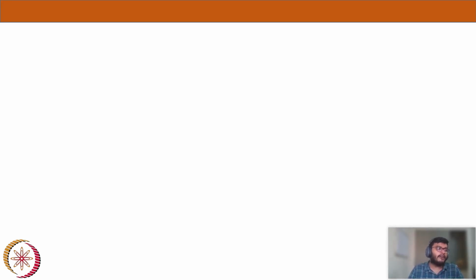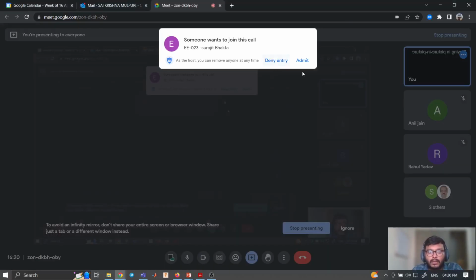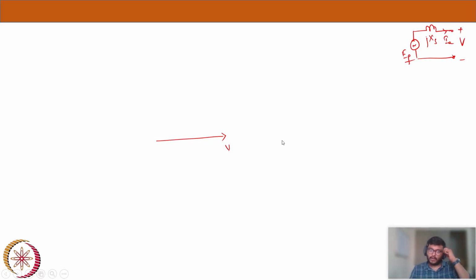Let me draw a small circuit here just for reference: V, EF, and jXS, and this will be the IA. This is the bus voltage, V.